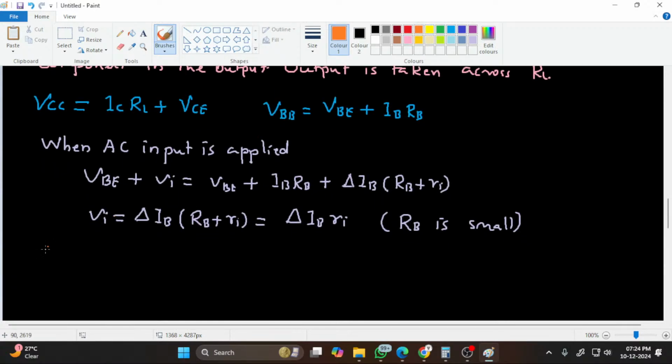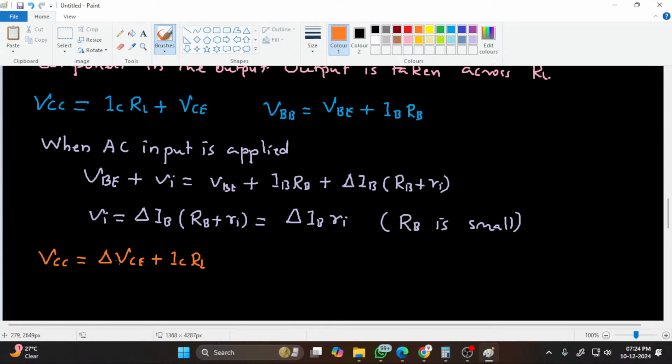On the output side we have VCC is equal to delta VCE plus ICRL. The change in the base current causes the changes in the collector current. This changes the voltage drop across the load resistance.